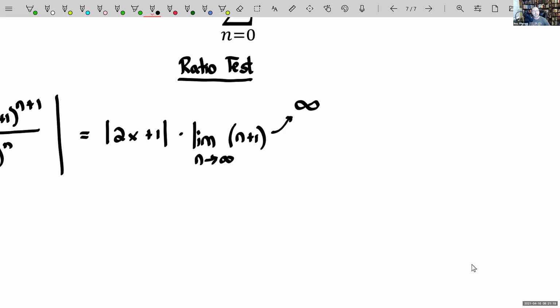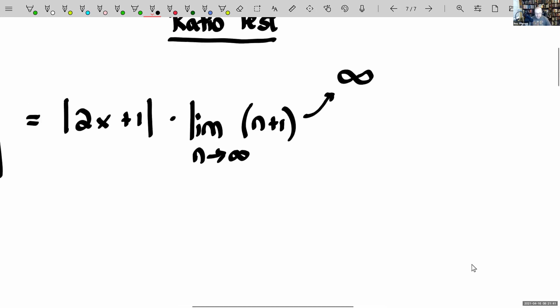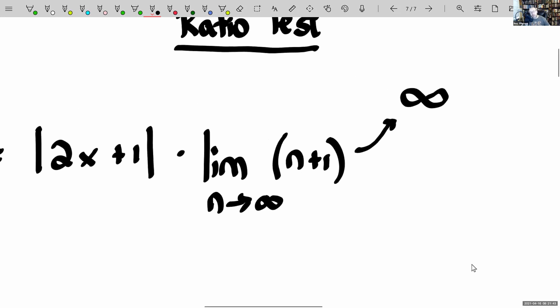However, when you're dealing with limits, the limit of something approaching 0 times the limit of something approaching something not 0 is not necessarily 0. It depends on who's going where faster, right? If something's approaching 0 faster than something's going to infinity, then all bets are off. It might tend to 0. In this case, yes, the limit is tending to infinity.